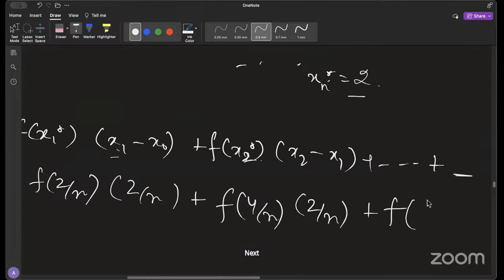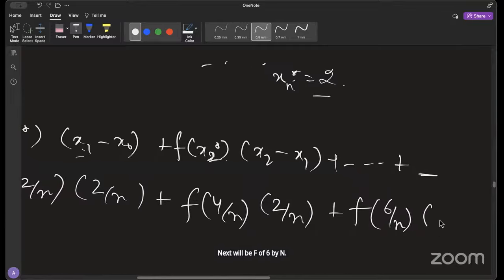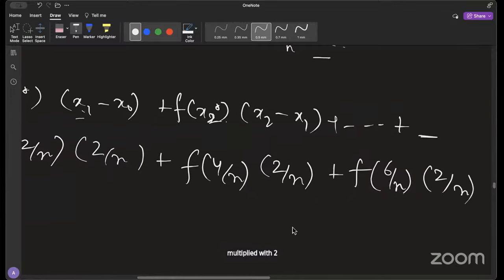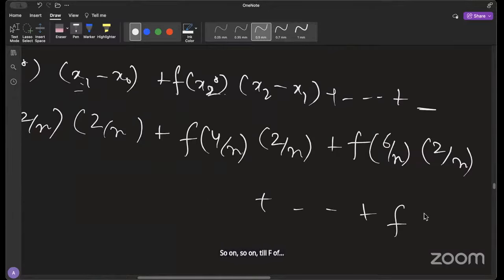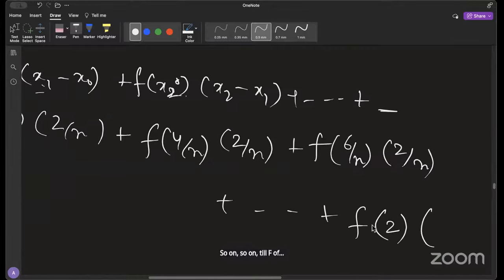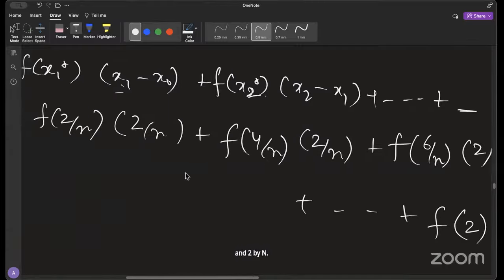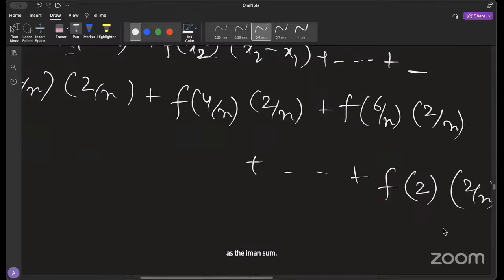Next will be f of 6 by n multiplied with 2 by n. So on till f of 2 and 2 by n. Is this fine as a Riemann sum?